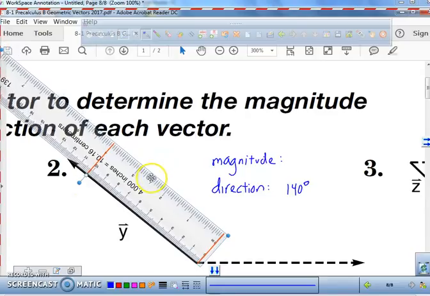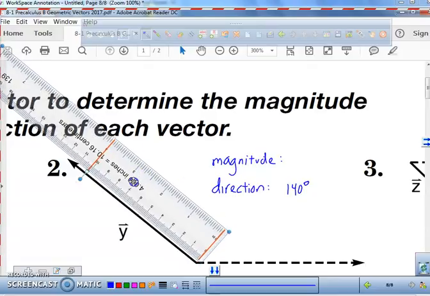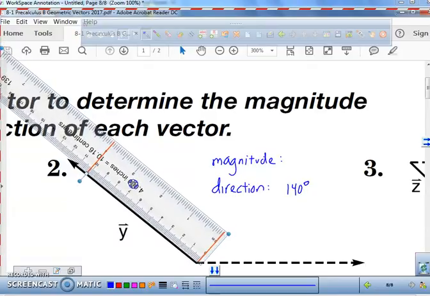Mine says 12. Yours should probably be 3 centimeters. Put 3.